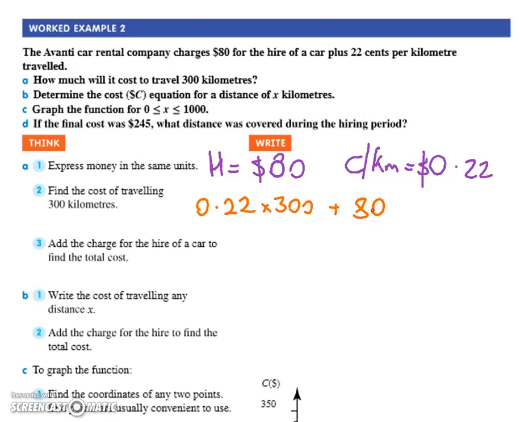You pay $80 to hire it. Simple as that. Then you pay 22 cents every kilometre. So you've travelled 300 kilometres.